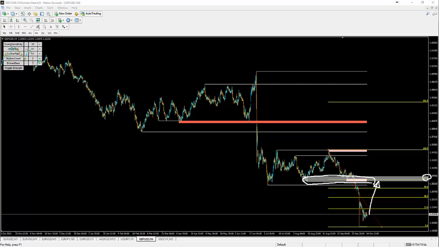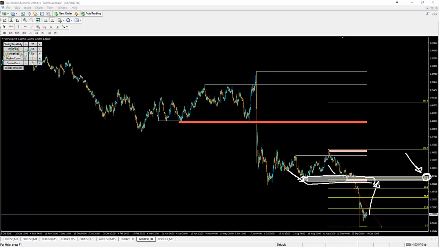All right, so now we notice that at this exact level here, there is a Fibonacci retracement of 62%, which is by itself usually a strong indication of a reversal of price. We notice that there is a swing low here.